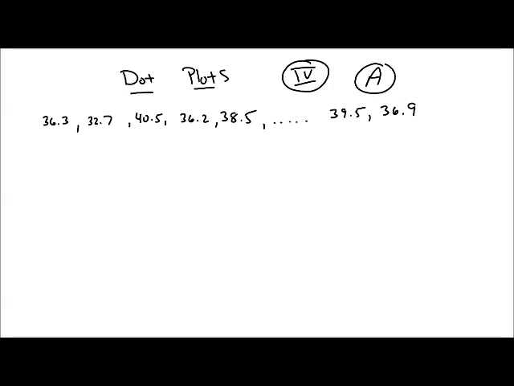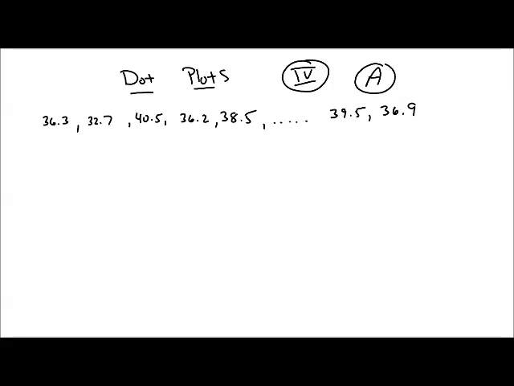This is going from the smallest, around 32, to the highest, around 41. So if we're going from about 32 to 41, you don't want to use those decimals here, at least for a dot plot. If you did use those decimals, it'd be better to use a box plot, maybe a stem plot, or a histogram, but definitely not a dot plot.